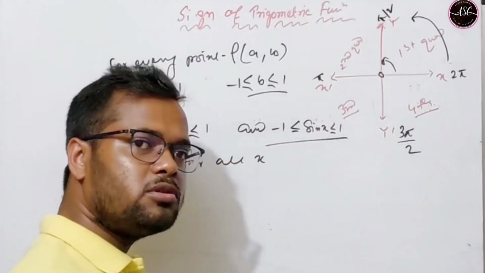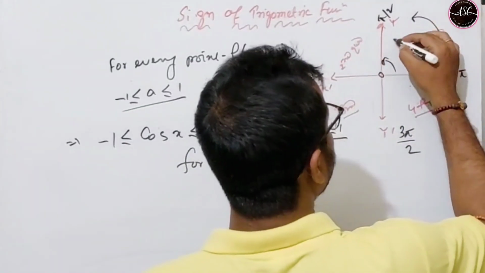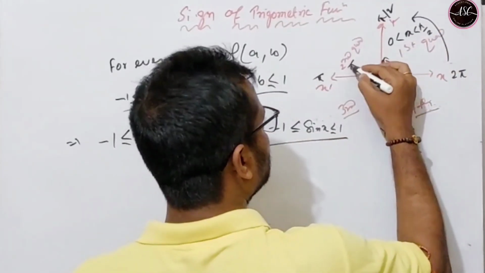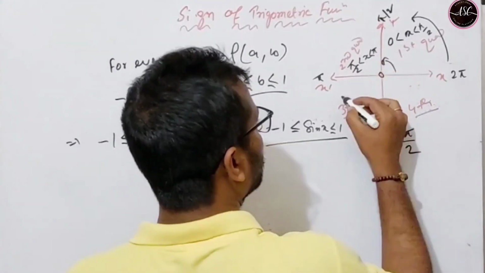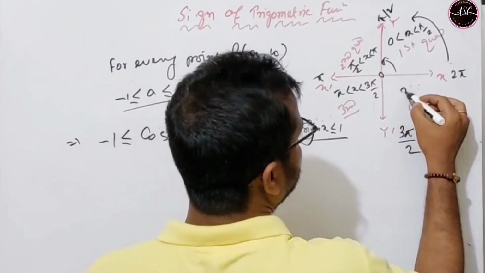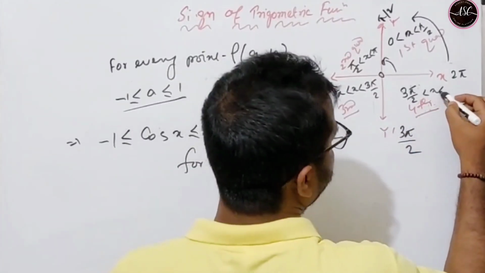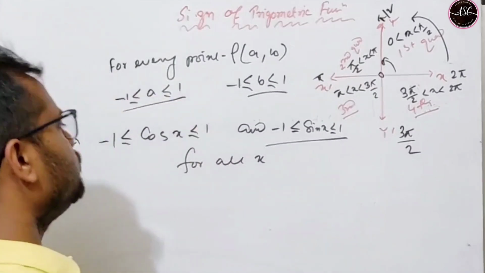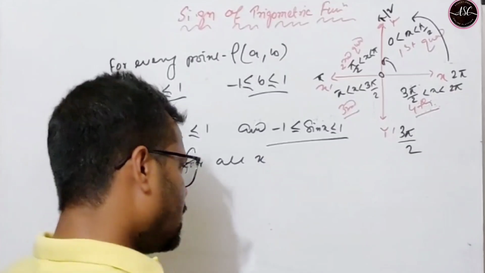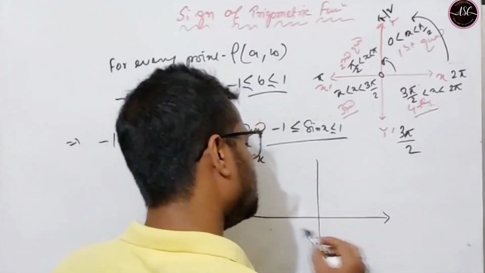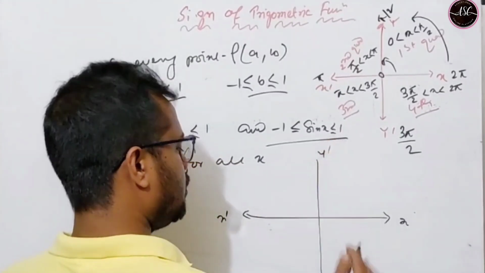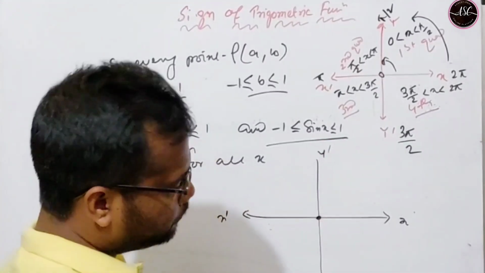If a total revolution is complete, then the value of x is 0 to pi by 2 here, pi by 2 to pi here, pi to 3 pi by 2 here, and 3 pi by 2 to 2 pi here. So the signs of the trigonometric functions will be different in each quadrant. Here x dash, y dash, this is the origin.